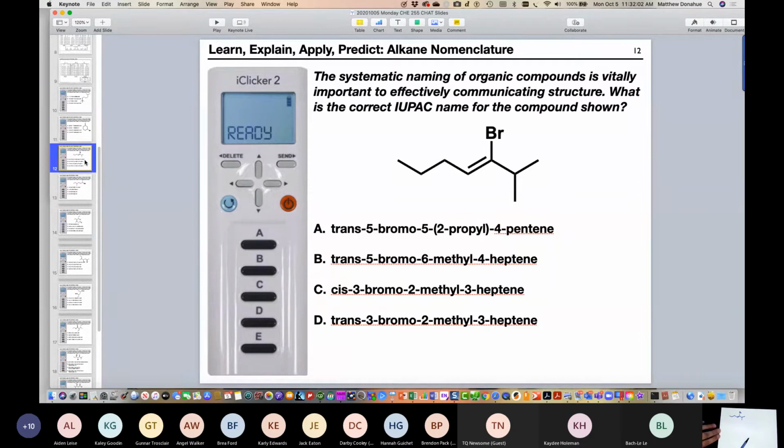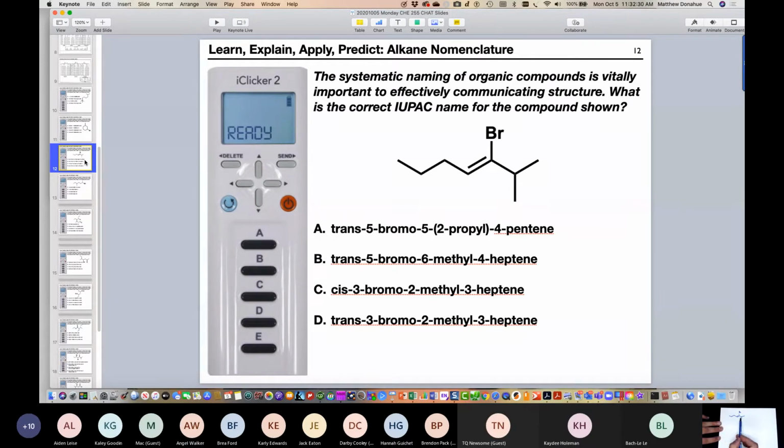So the hyphen occurs after a locant number, before the substituent. So let's apply the same rules.